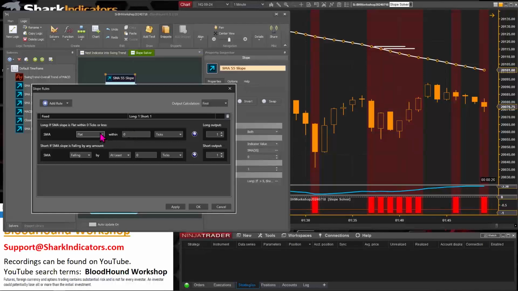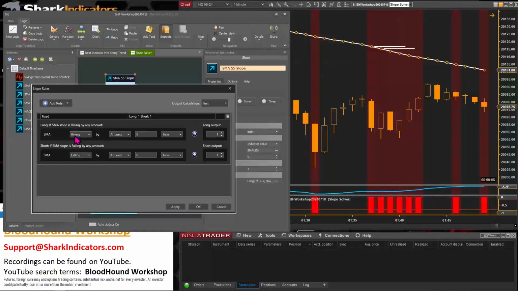That does happen from time to time, probably more often with the SMA, but it is pretty rare to ever see 0 ticks of flatness, just so you know.